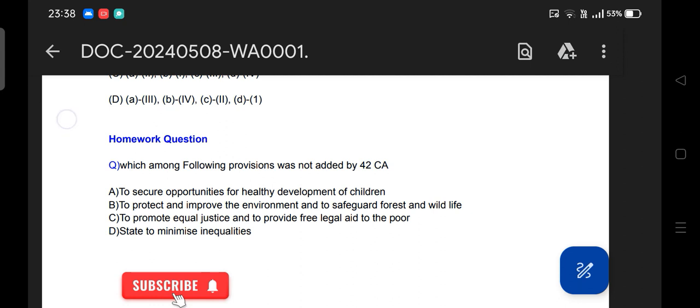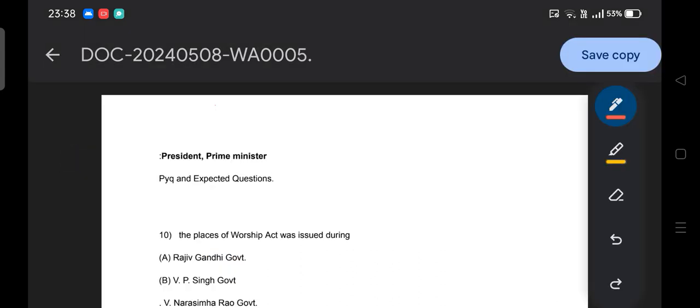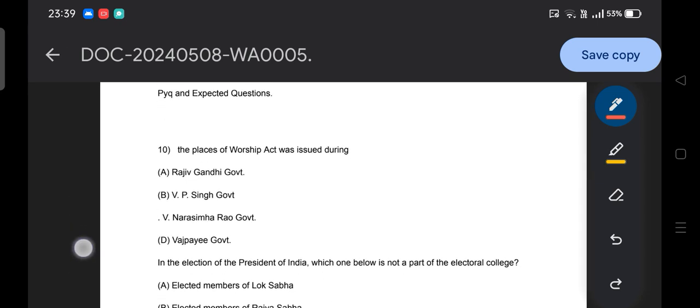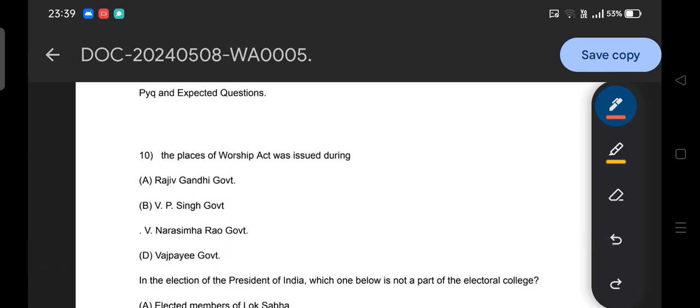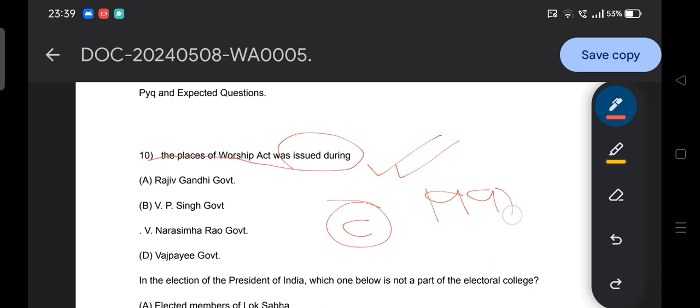So let's start our questions with respect to the President and Prime Minister quickly. These are the previous questions. The question: the Places of Worship Act was passed during whose government? We have already discussed that question. The answer is the PV Narasimha Rao government, option C. The Places of Worship Act was introduced in 1991.